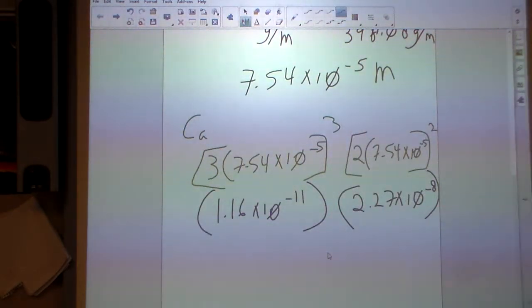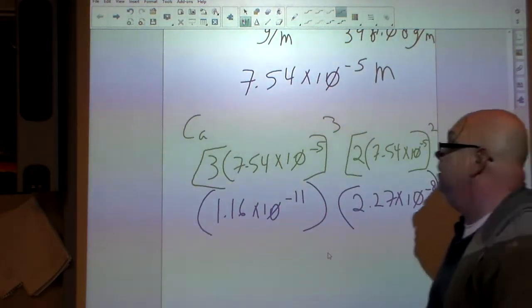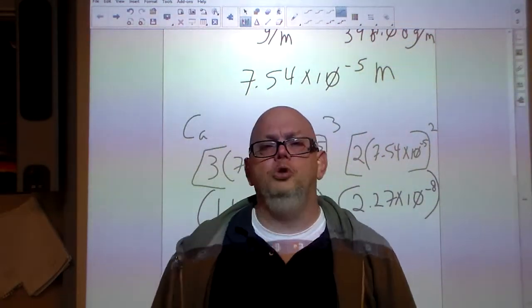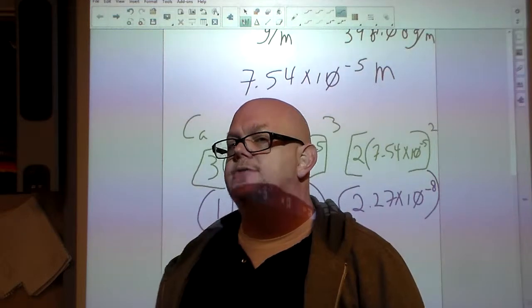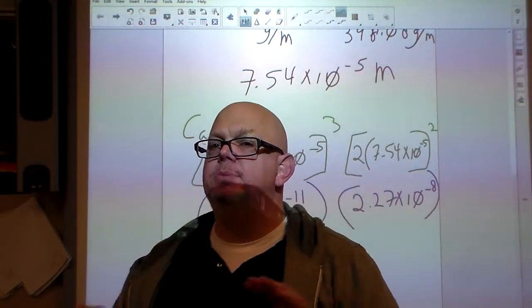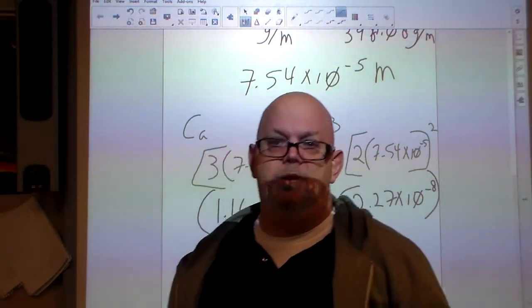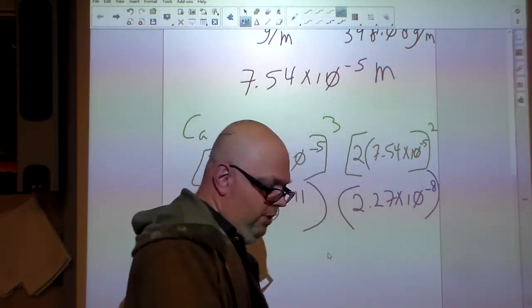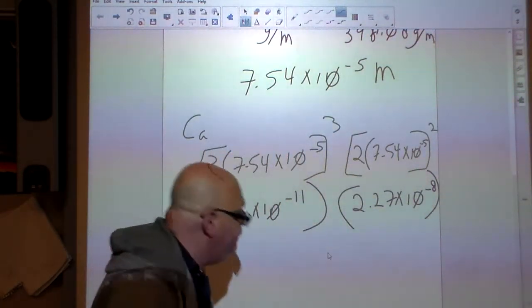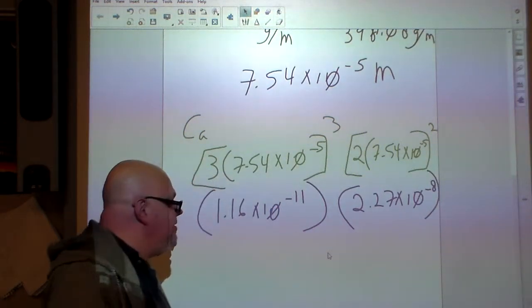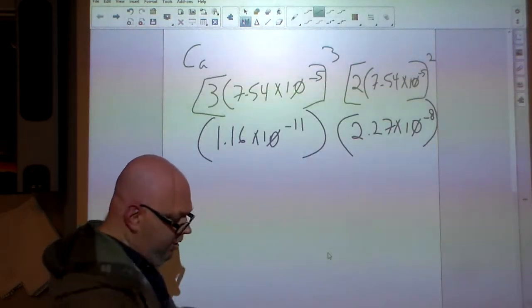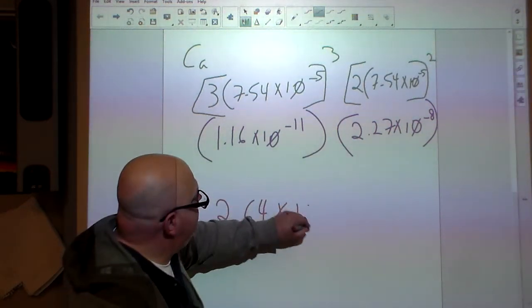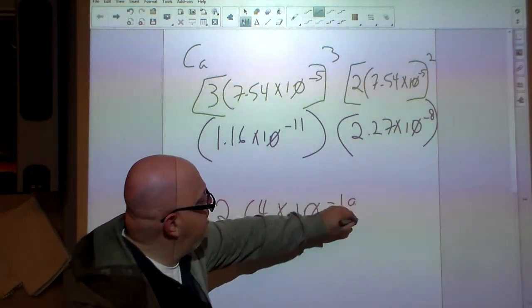Now notice I'm not paying attention to my units here, because when you're dealing with molar cubed, molar squared, it doesn't make a whole lot of sense. KSP is KSP and you let it be. Hey, that rhymes. So we multiply this bad boy down and our final answer, after all this work, is 2.64 times 10 to the minus 19th.